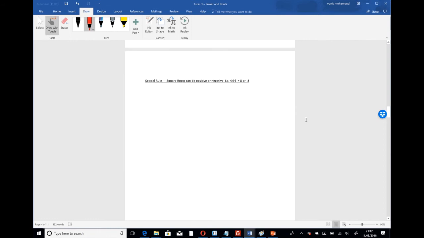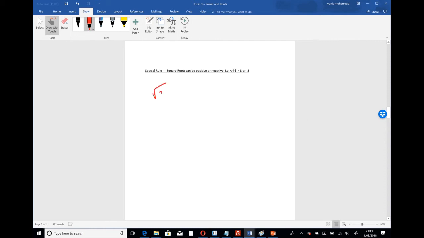So let's move over to the special rule, which is the square root can be positive or negative, i.e. if you had the square root of 64, you can have two values, 8 or minus 8. So suppose that we had the square root of 36. You're going to have two answers.